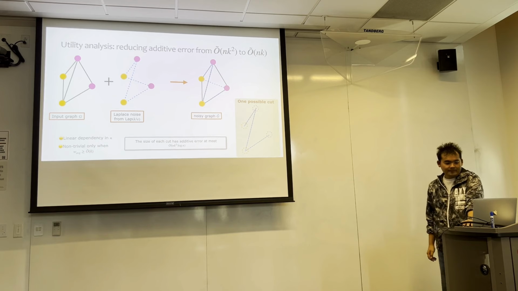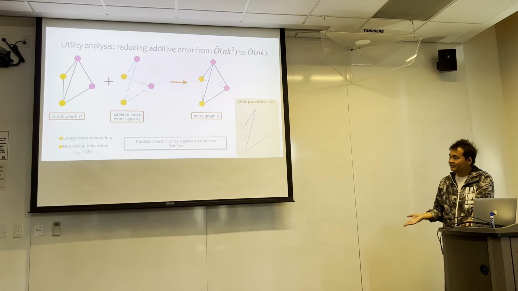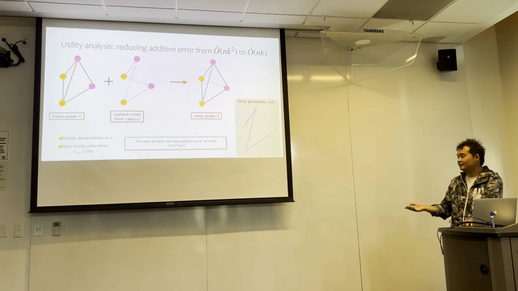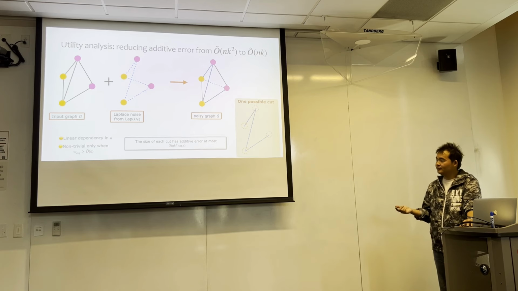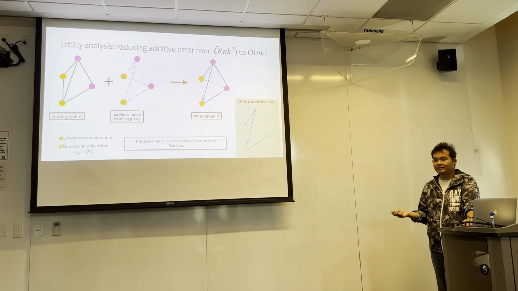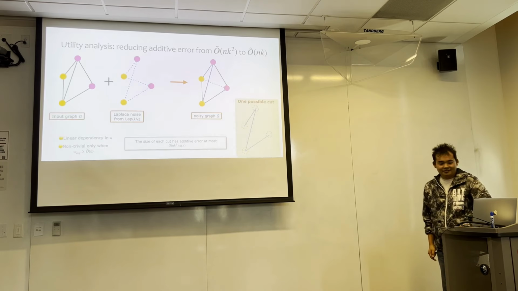It is fine because the linear dependency is already there, but this utility guarantee is still very unsatisfying because it is non-trivial only when the error is larger than k.